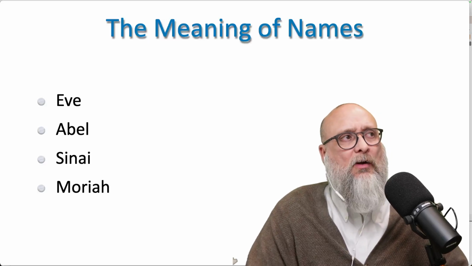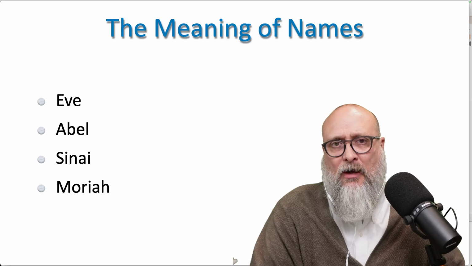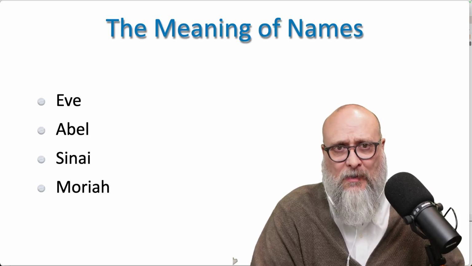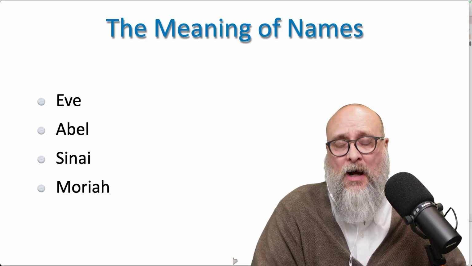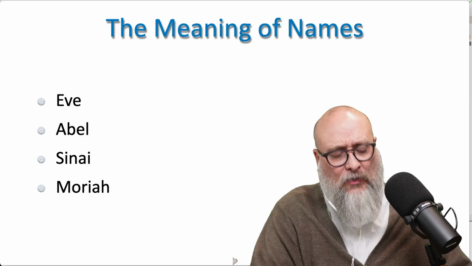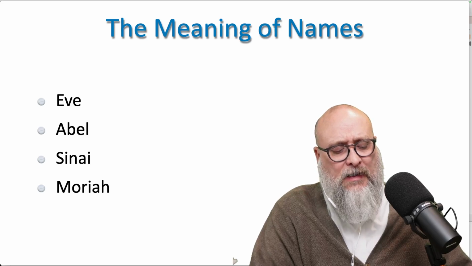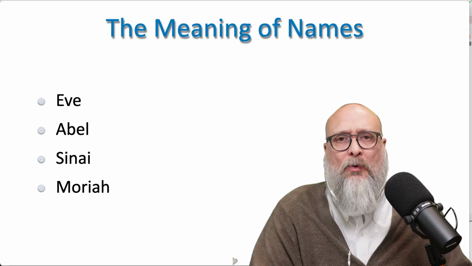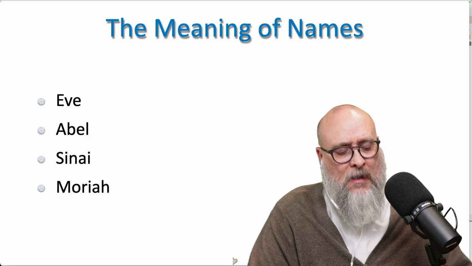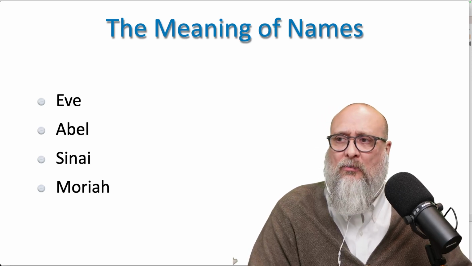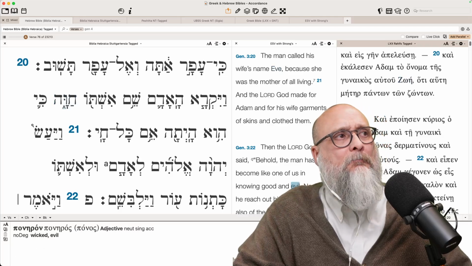And I want to look at 4 examples: Eve, Abel, Sinai, and Moriah. And to do this, you'll need some kind of computer program, either Logos or Accordance. And we'll just start with Accordance here.